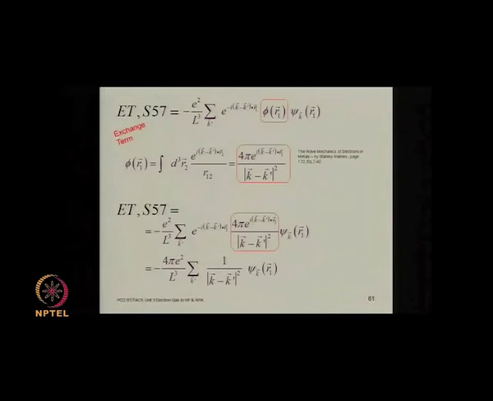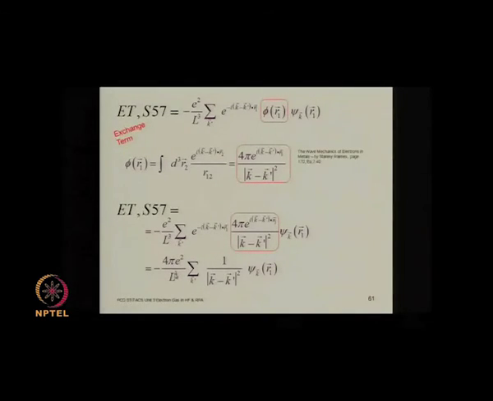Okay? So, you have e to the power plus i(k minus k prime) dot R1 here, and e to the power minus i(k minus k prime) dot R1 here. So, they multiply each other to give you unity, and then you have a very simple compact relation.